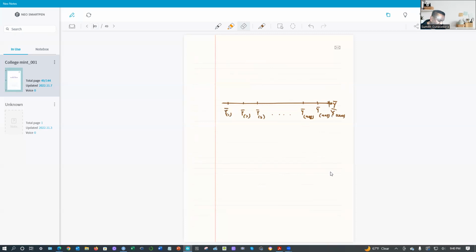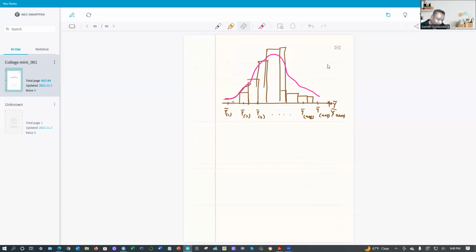We can draw the histogram for this one. So we can get two curves. One is going up, one is going like this.